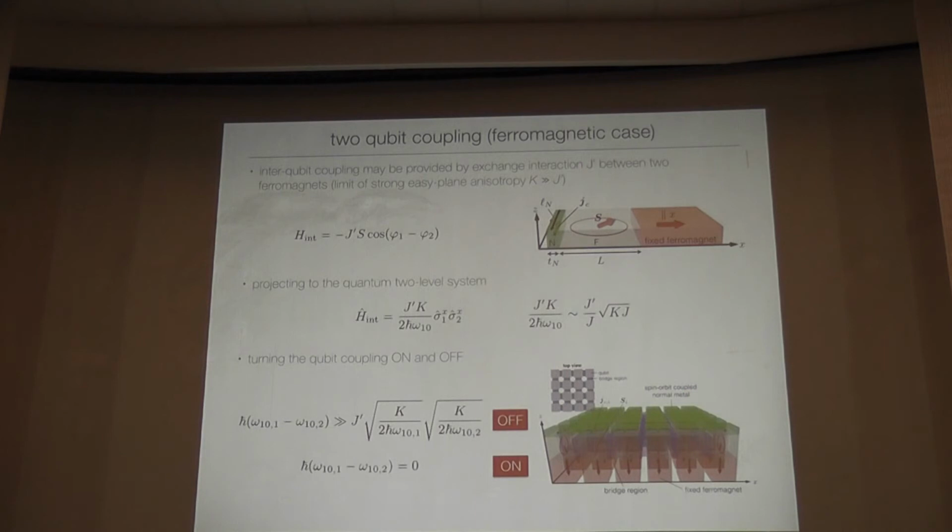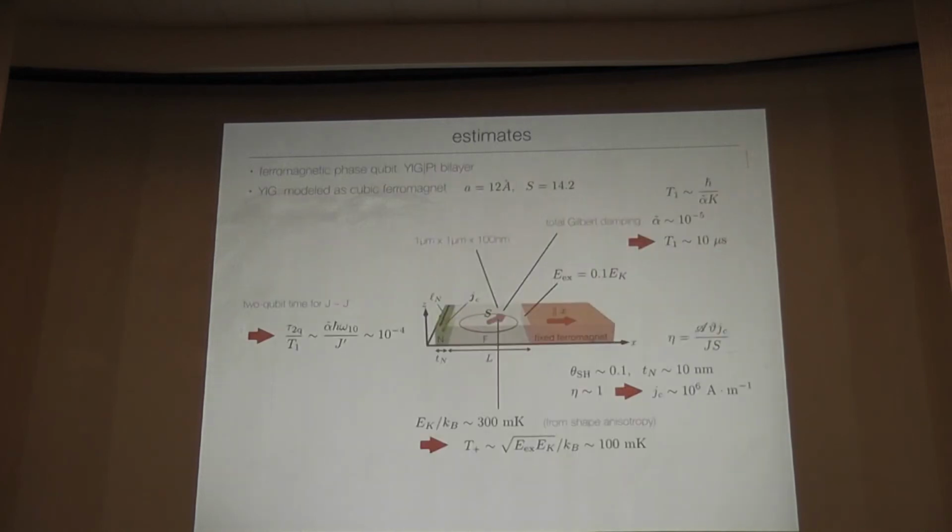So you can make a sort of device out of this kind of quantum device. Now I want to give some numbers for state-of-the-art spintronics devices that people can make in a lab now. I'm going to consider a YIG platinum bilayer, and I'm going to model this YIG as a cubic ferromagnet with lattice constant 12 angstroms and total spin 14.2.